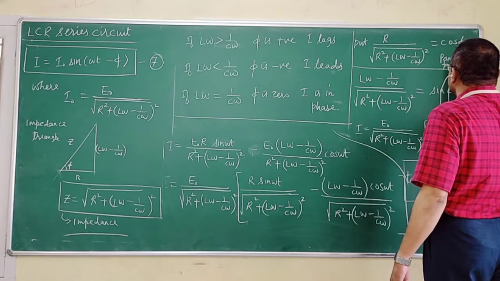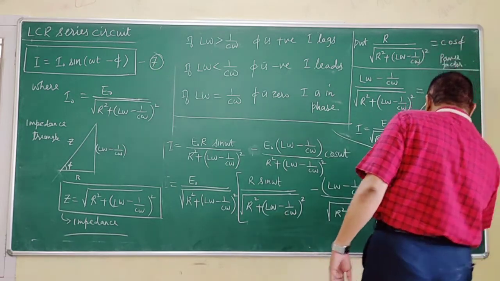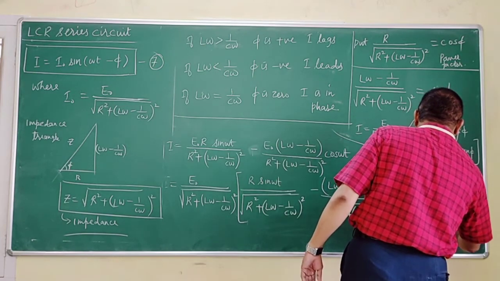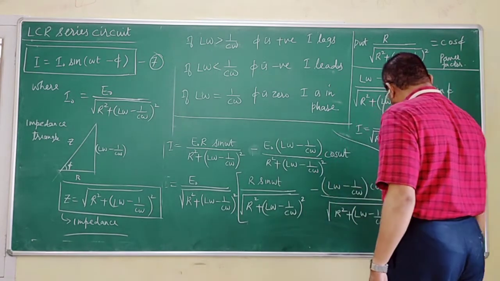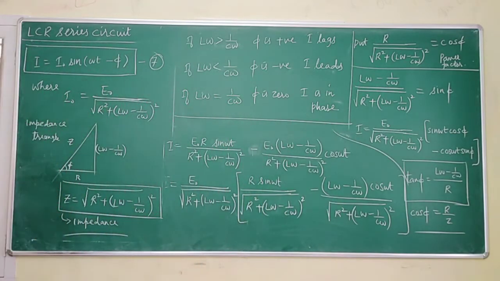This is known as power factor. This can also be written as cos phi equal to R upon Z. Ratio of resistance to impedance, we also call it power factor.